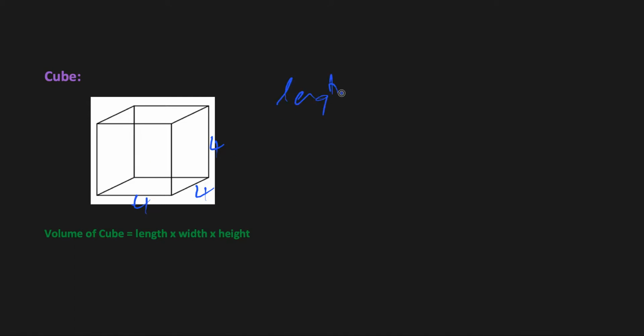Length is also called L, width is also called W, and height is also referred to as H. Let's say our length, width, and height are all 4 for a given cube. The way we'll calculate volume of a cube is we'll just multiply every single term. So length times width times height. In this case it's 4 times 4 times 4.